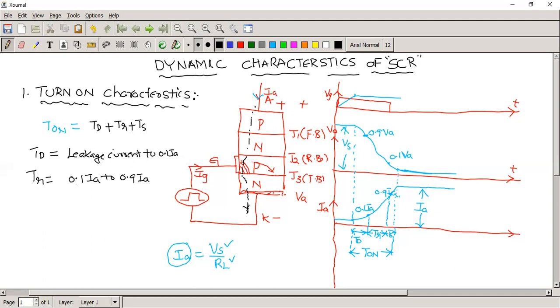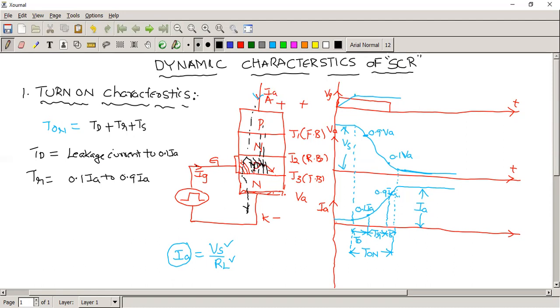In this interval, the anode current is trying to distribute through the cathode area in this manner. But uniform distribution is not achieved in this duration.